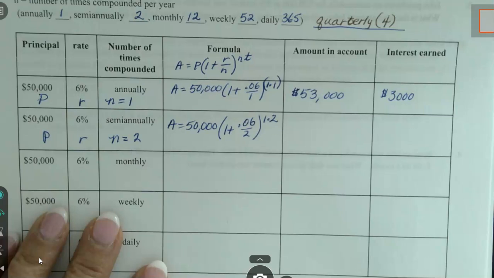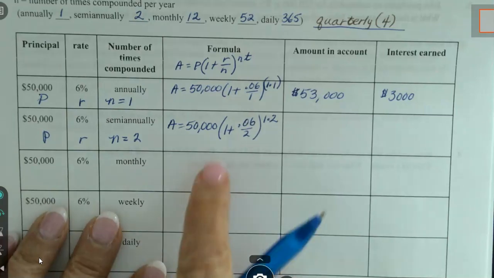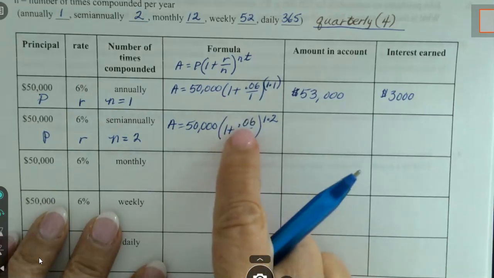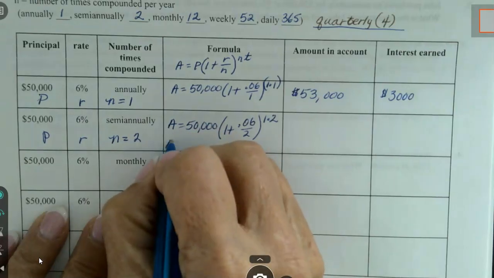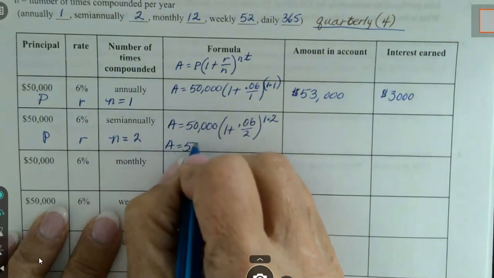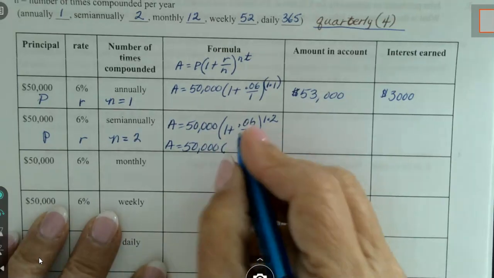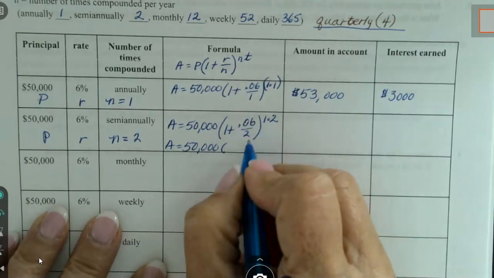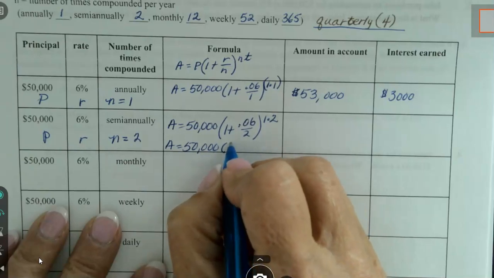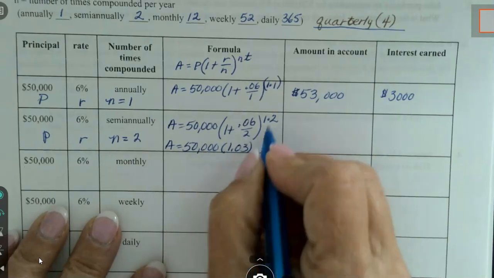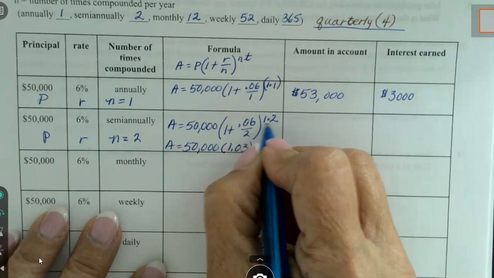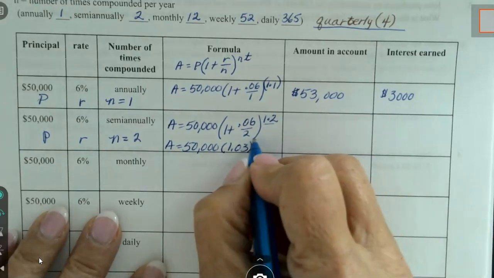So now when you go to put this in your calculator, one of the things that you might want to do is put in the parentheses piece in your calculator and get what that is. Now, that one we can do in our head. 0.06 divided by 2 is 0.03, plus 1. And also, sometimes it's easier to go ahead and multiply that in your head.